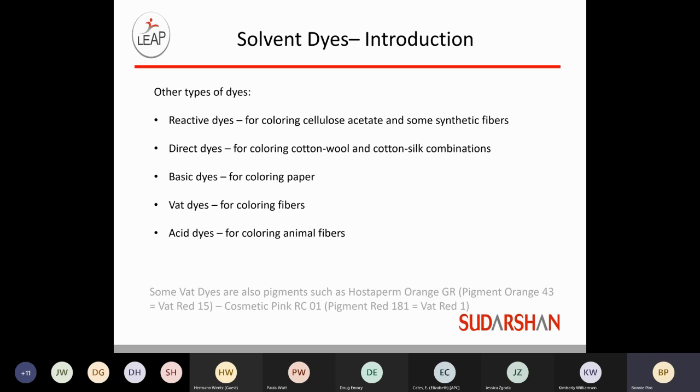It's interesting to note, as the note at the bottom indicates, that some vat dyes are also considered a pigment, such as pigment orange 43, which is the same as vat red 15, and pigment red 181 is also considered vat red 1. So some chemical molecules cross the line between the dye and the pigment, depending on where they are used.